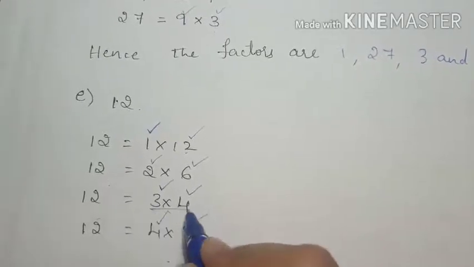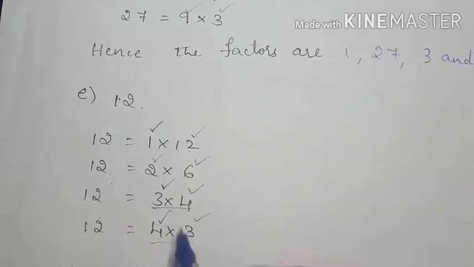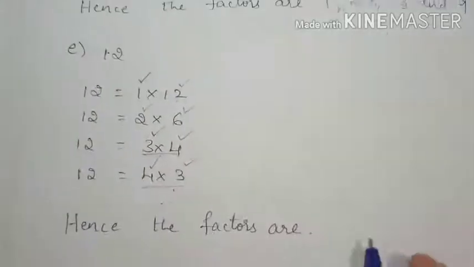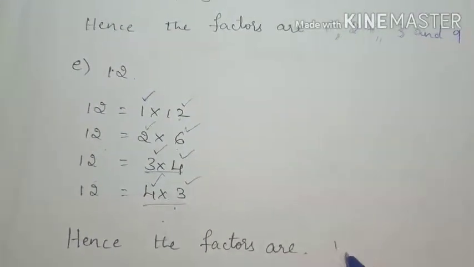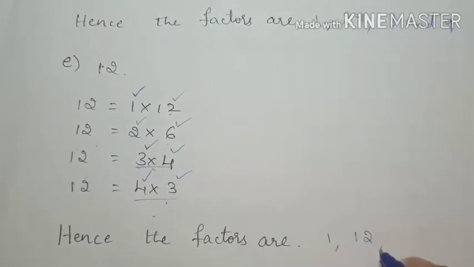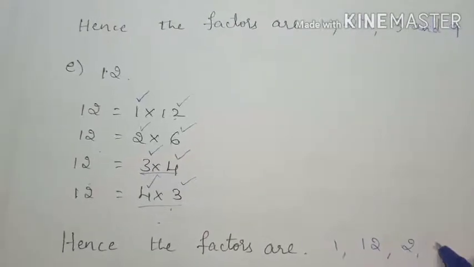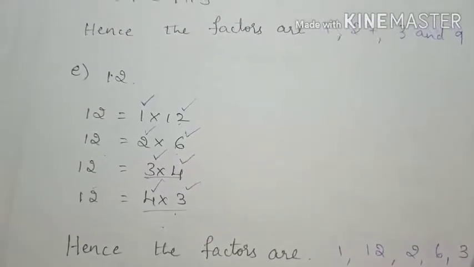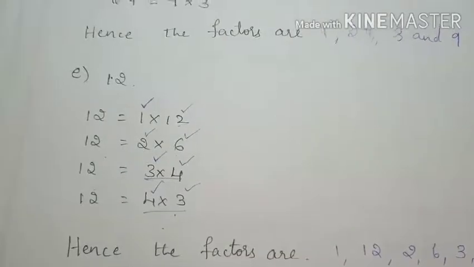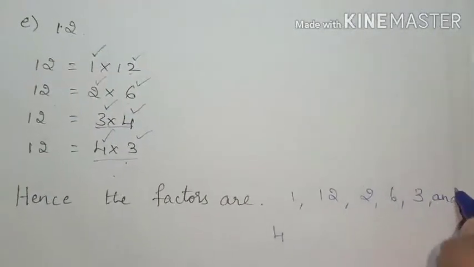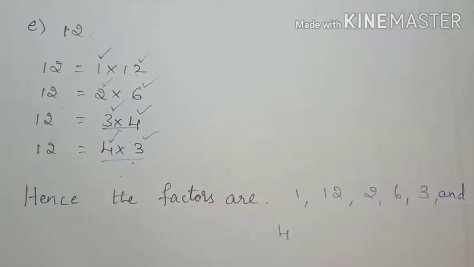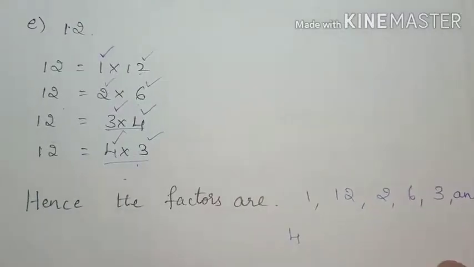Since the numbers 3 and 4 are repeated, stop here. Hence the factors are 1, 12, 2, 6, 3, 4. Did you now understand how to write the factors?